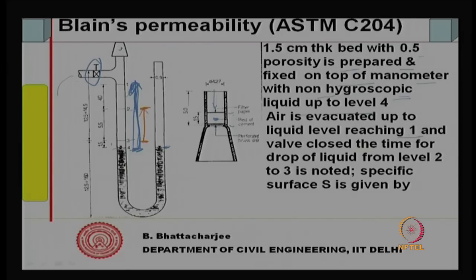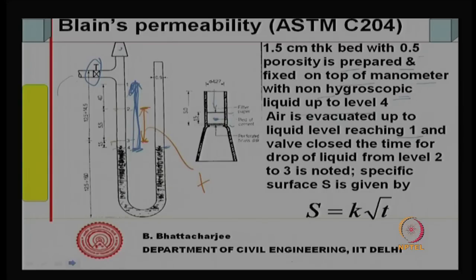Note the time required. So, you suck it up or evacuate it such that the liquid reaches here. Then it will start falling. The moment it reaches here, you start your stopwatch and stop the stopwatch at this point. The time is noted. The root of this time is proportional to specific surface.